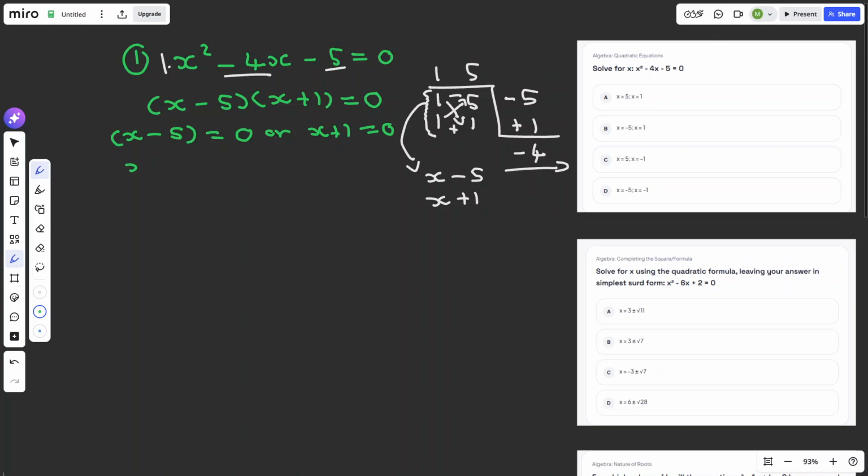So now from here you can just write down the final solution. So x is equal to 5, or x is equal to minus 1. So now you can test these values out to confirm that the solution is correct. So I'll leave it up to you. So now if we look at our list of options here, the correct option would be C.